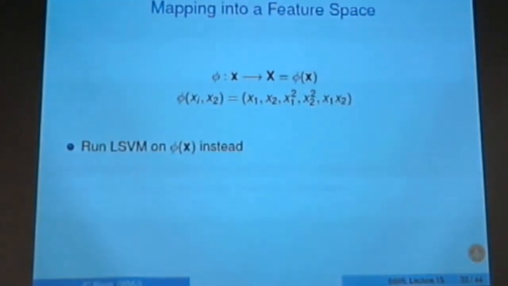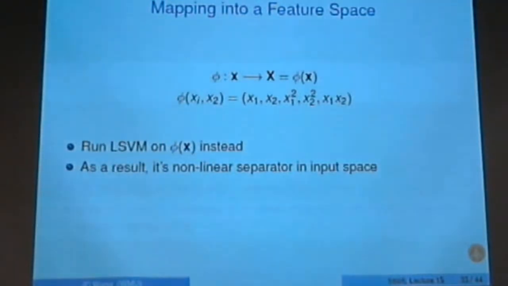And you run a linear support vector machine on this transformed space, the feature space, instead. As a result, you get a nonlinear separator in the input space, right? It's linear in the feature space, but when you map it back to the original space, you have the nonlinear separator, like any of these cases we have seen, separating these two groups.